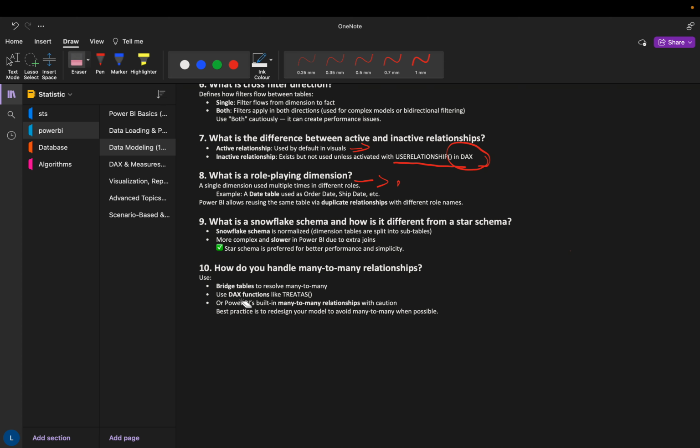Similarly, you can use DAX functions like TREATAS. Power BI also has built-in many-to-many relationship support. Best practice is to redesign your model to avoid many-to-many when possible.